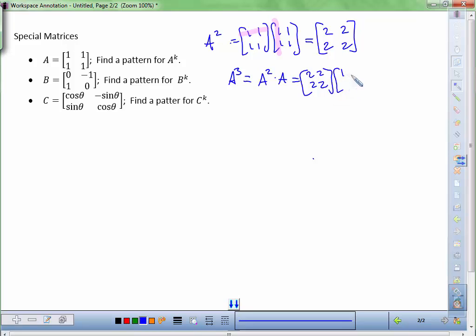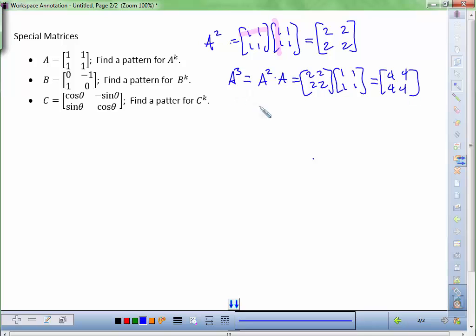Let's multiply that with A, which is 1, 1, 1, 1. And that's 4, 4, 4, 4. Okay. So it looks like it might double every time.